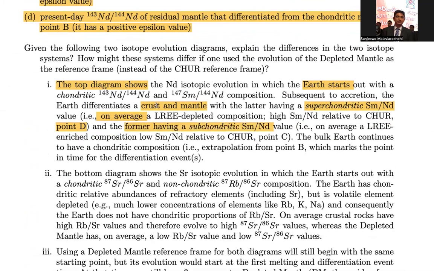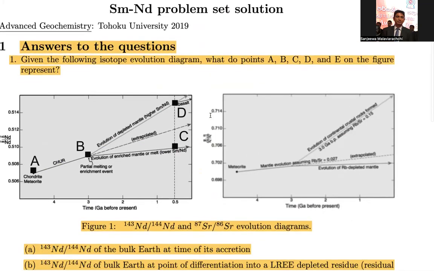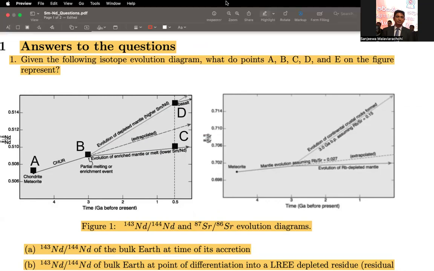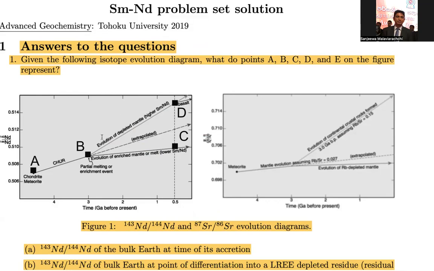What is former? Crust. This is crust according to this, right? So the former having subchondritic, that means lower than the chondrite. So chondrite slope is this tan theta. You take this as the tan theta, and the crust is having a lower angle here.